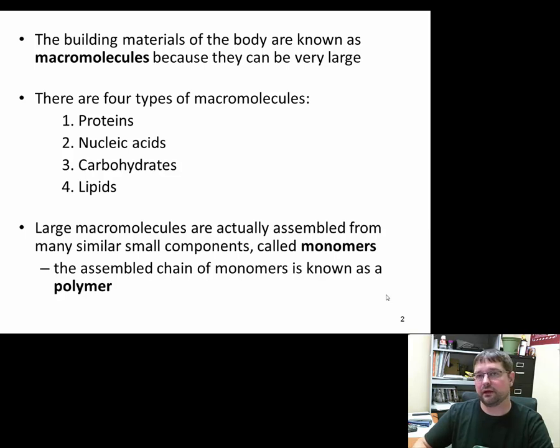But when you link these monomers, these smaller subunits, into larger ones, they're typically called a polymer. So sometimes people refer to macromolecules as being polymers, and we'll talk about this later when we talk about polymer research, or macromolecule research.